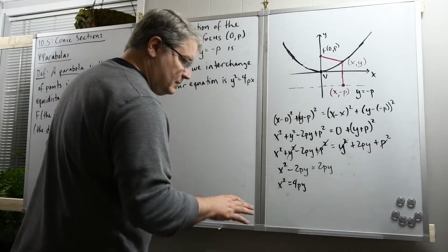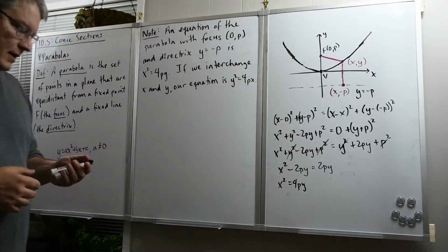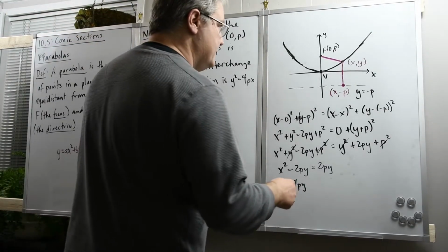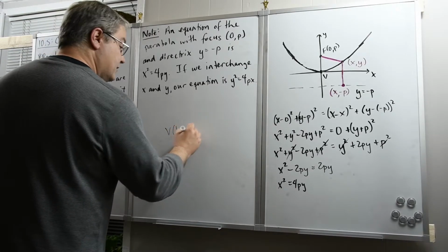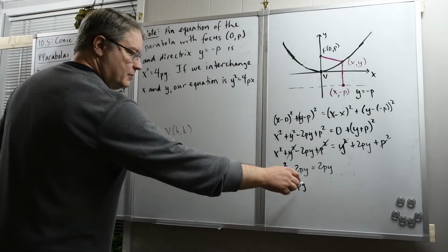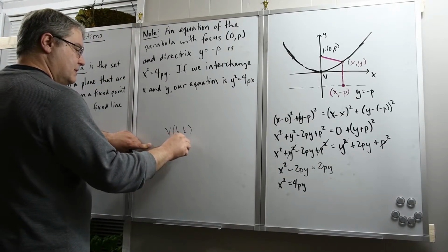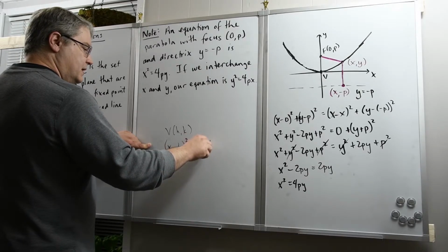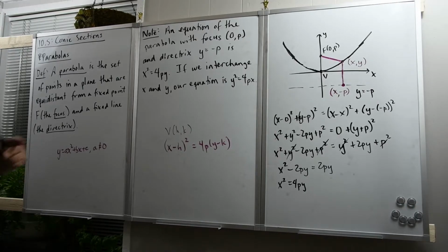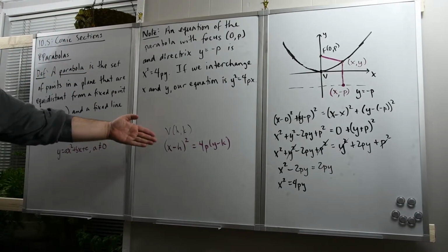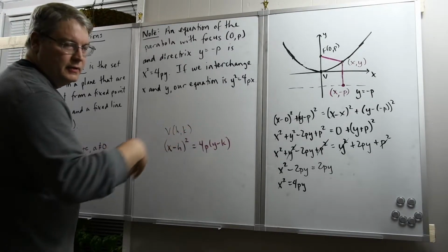Well, we can use some techniques from college algebra to modify this equation so that if the vertex happens to be at hk, then our standard form equation is going to change to x minus h raised to the second power is equal to 4p times y minus k. So in these cases where the vertex is not located at the origin, this is going to be really helpful for us. All we're doing is a horizontal shift here and a vertical shift there.